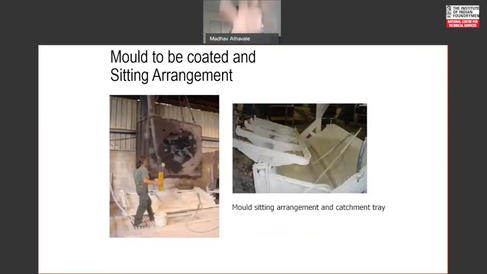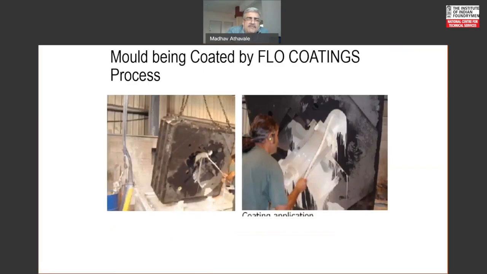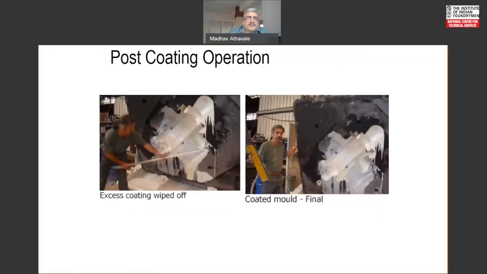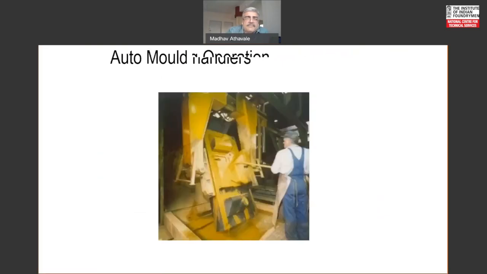You can see the operator is lowering the mold onto the stand. After lowering it onto the stand, you can see the chains for the overhead crane, and then he is applying the coating onto the mold. Then the excess coating is shoveled or raked away, getting wiped off, and then the final coated mold is ready.